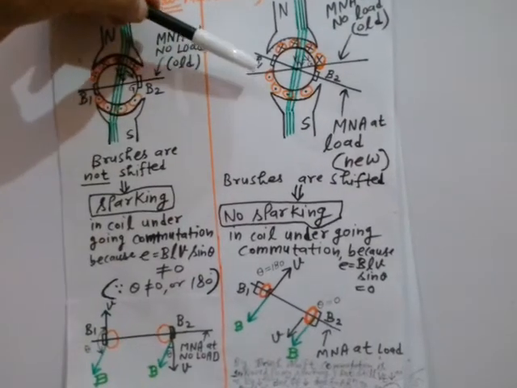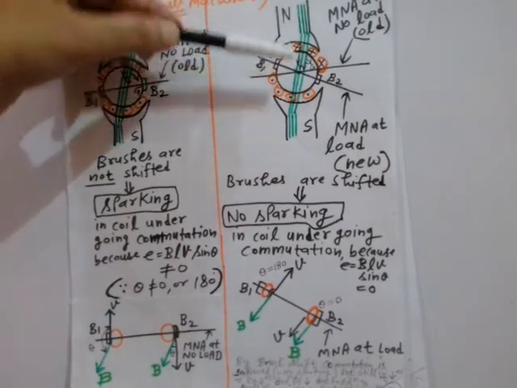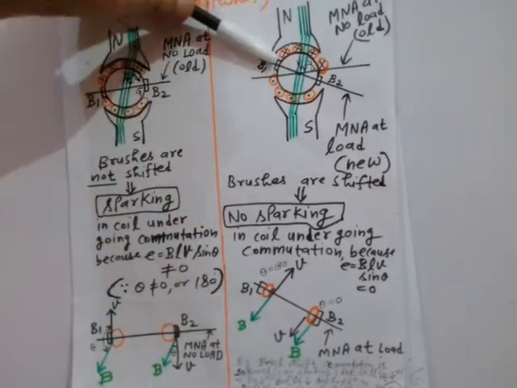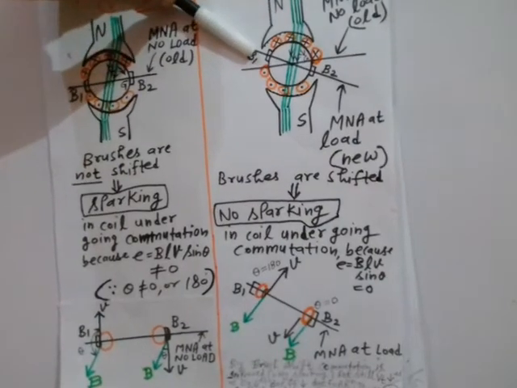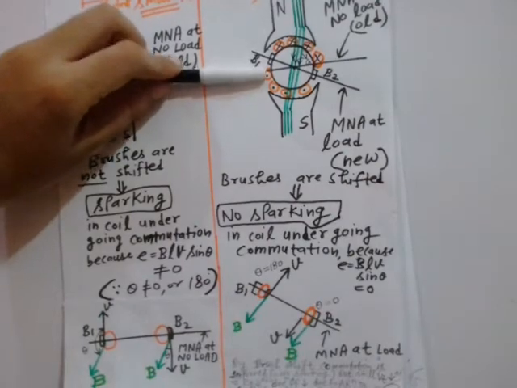And when this coil is shorted by this brush width, see what will happen. First analyze, is there any rotational voltage in this particular coil?